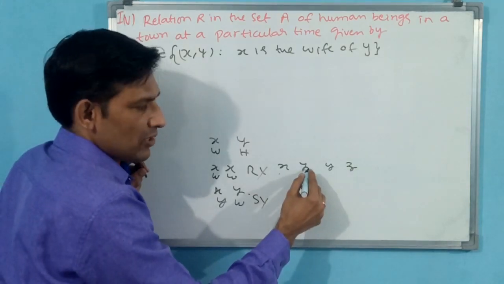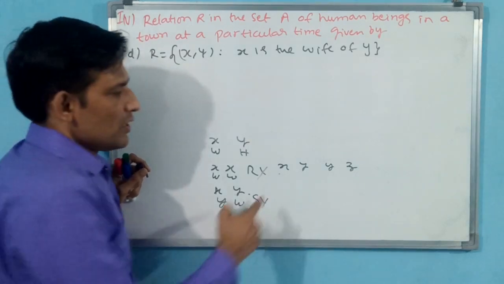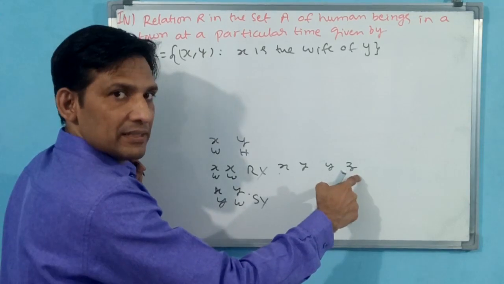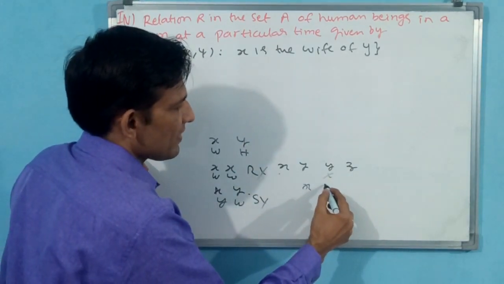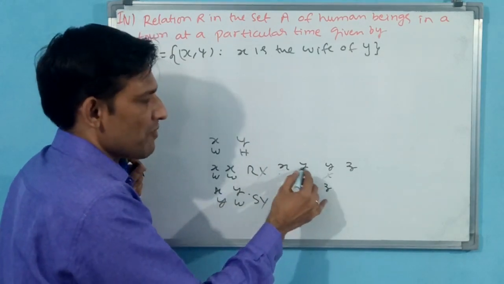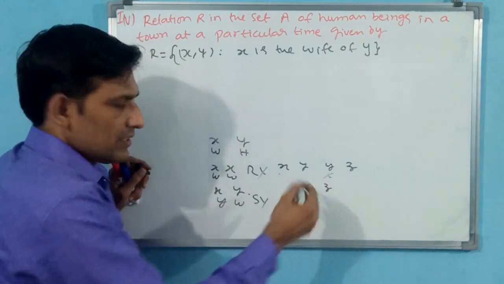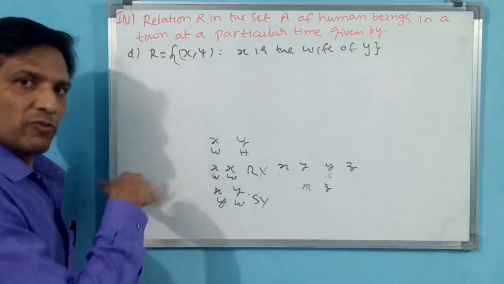Because if (x, y) belongs to R and (y, z) belongs to R, then (x, z) must belong to R for it to be transitive. But y is husband, and y cannot be wife to somebody. Here also it fails, and again x cannot be wife of z. Why? Because x is wife of y means she should be wife to y only. X cannot be wife to z. Okay, this is the analogy. That means three relations are not going to be possible in this one. We will write.